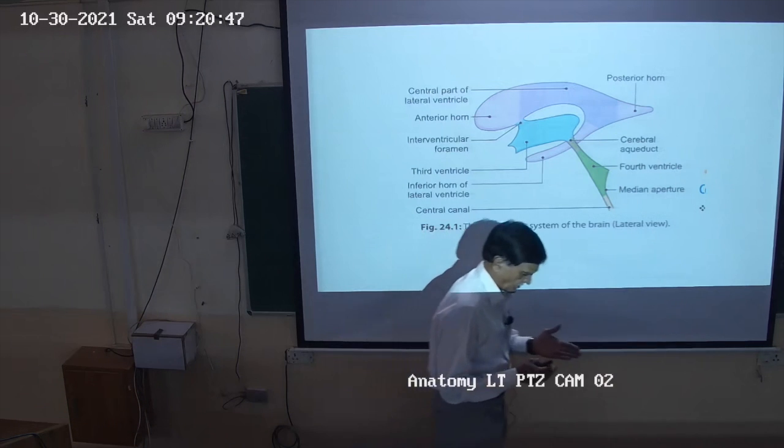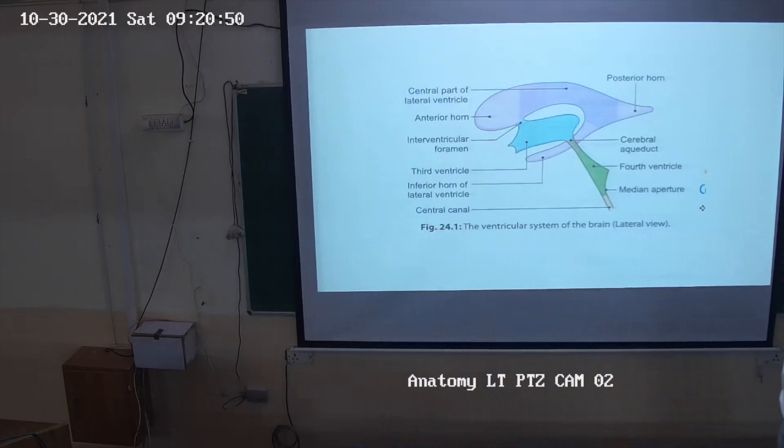That means, as it is surrounding the whole part of the brain and spinal cord, it is providing the cushion, and that cushion is having the fluid. So we can say that it is providing the fluid cushion to protect the brain and the spinal cord from any injury. That is the main function of the CSF.